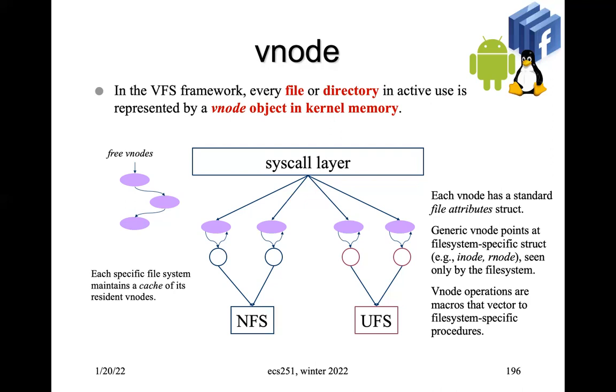So by doing that, you have a generic interface, which is the purple part on the top, that looks exactly the same. But the real function pointers are in the circle below that purple interface, and those are going to be file system specific. Okay, so that's basically what the VFS is trying to do.